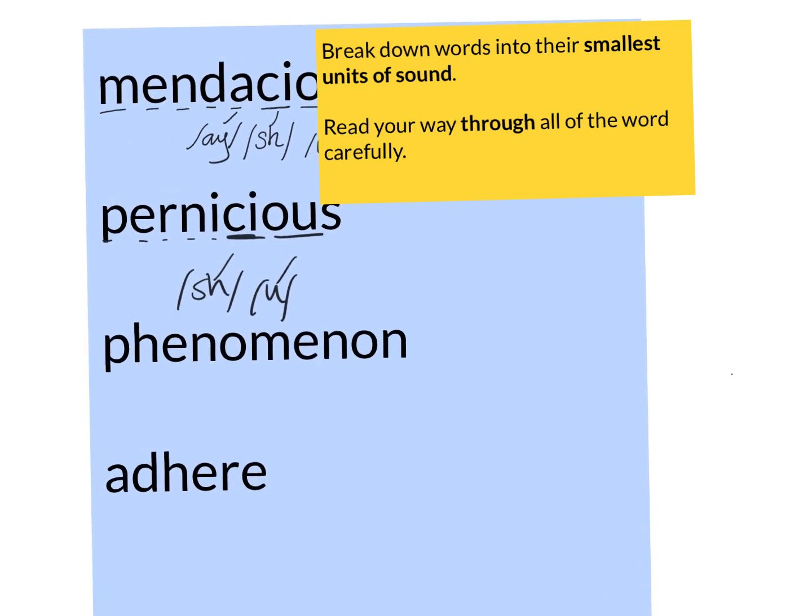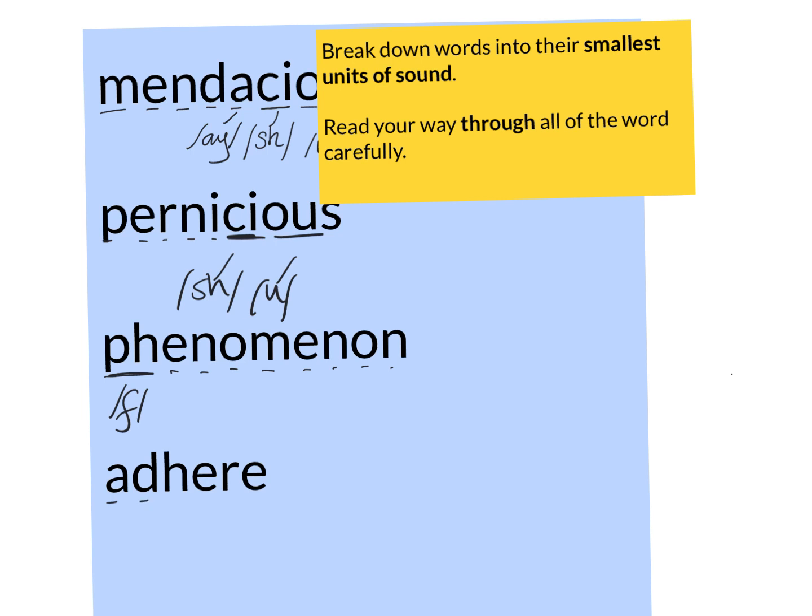Phenomenon. PH is one of the ways we get the F sound. And the rest is all simple code. E, N, O, N. Phenomenon. And finally, let's look at adhere.